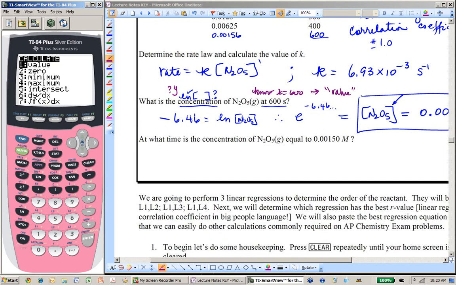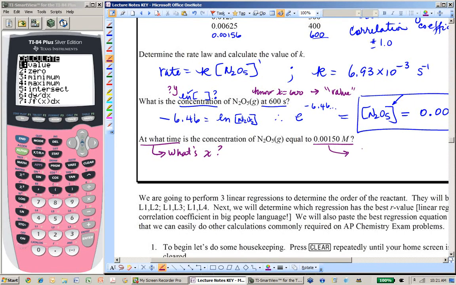I wish there was a way to have just one little button so that you could do it the other way around. Because here, we sort of know what y is when we're looking for x. At what time is code for what's x, when we know, sort of, y.